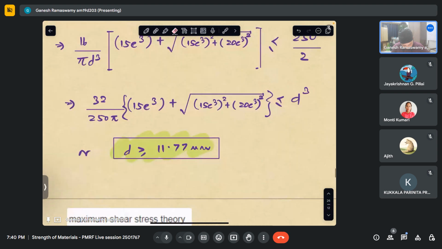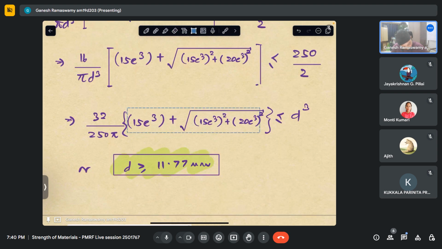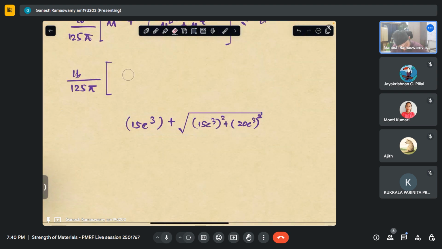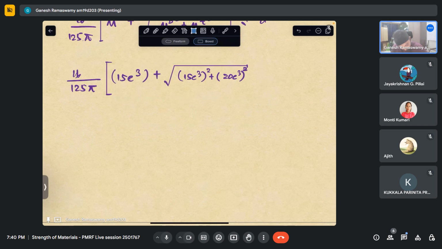This quantity, which is less than or equal to d cubed, or d is greater than or equal to 15E3 plus root over 15E3 squared plus 20E3 squared into 16 by 125 pi. Cube root of this comes to 11.76. Is it coming out to be the same?